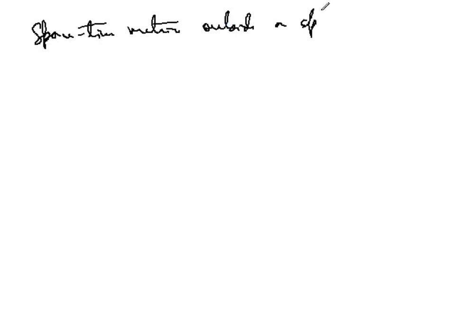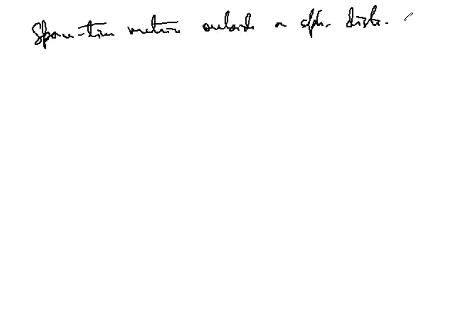Okay, so let me write down this Schwarzschild metric. The space-time metric outside a spherical distribution of matter. I am not showing you the details; you can find it readily in any book on general relativity.